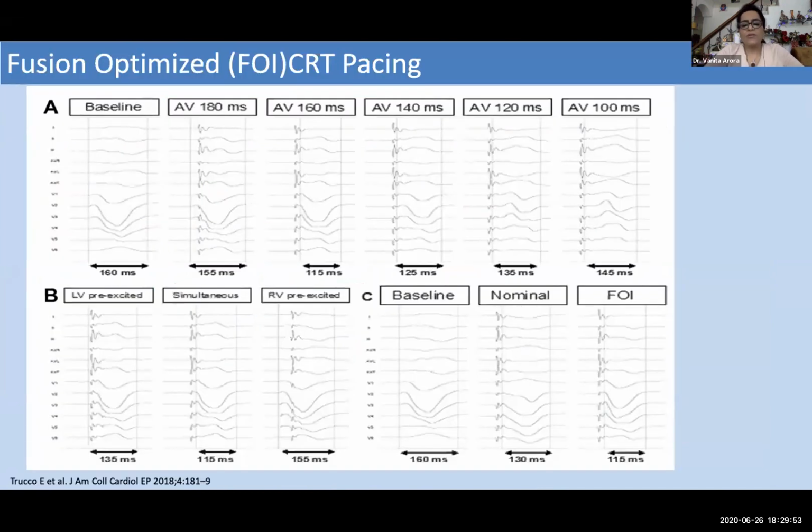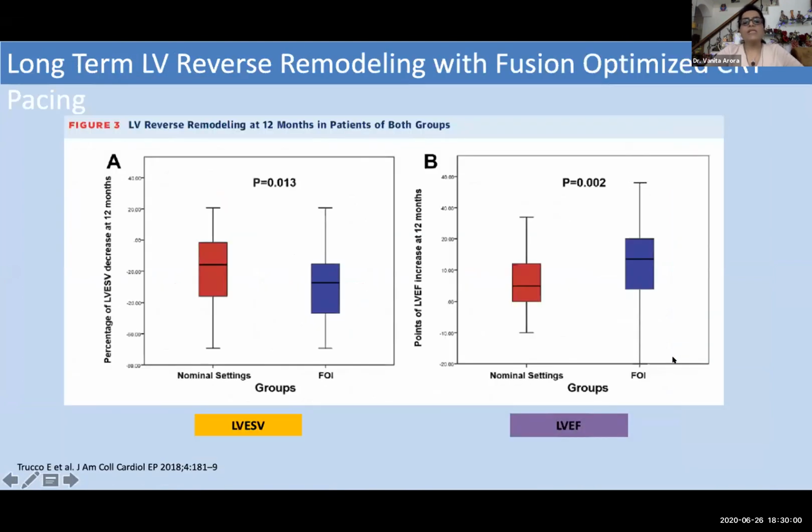They have been seen to give the narrowest QRS possible, which has resulted in reverse remodeling of the QRS, thus giving a better outcome and better ejection fraction in these groups where the fusion optimized algorithm is used.